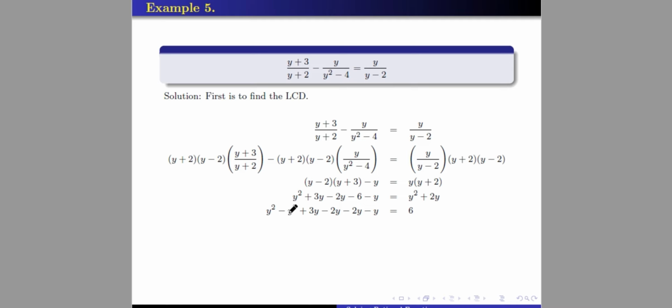So y squared minus y squared is 0. So 3y minus 2y is y. Minus y at the last. So this last term is 0. So we're left with negative 2y. This negative 2y, we divide both sides by negative 2. So the answer is negative 3.